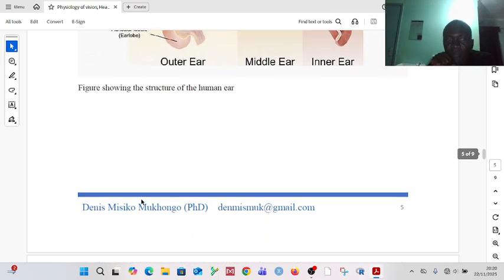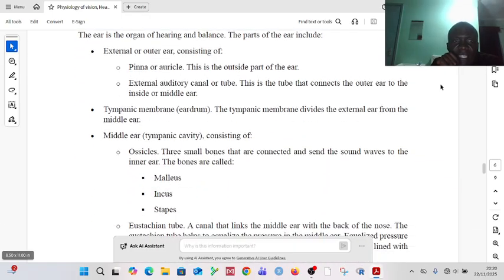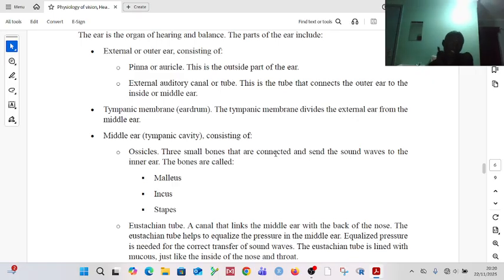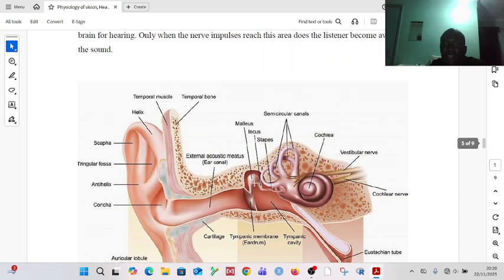So let's proceed. As we've seen, the ear is an organ for hearing and balance. What I've explained here was the hearing aspect. But there are these semicircular canals, these bones. These ones are responsible for balance.